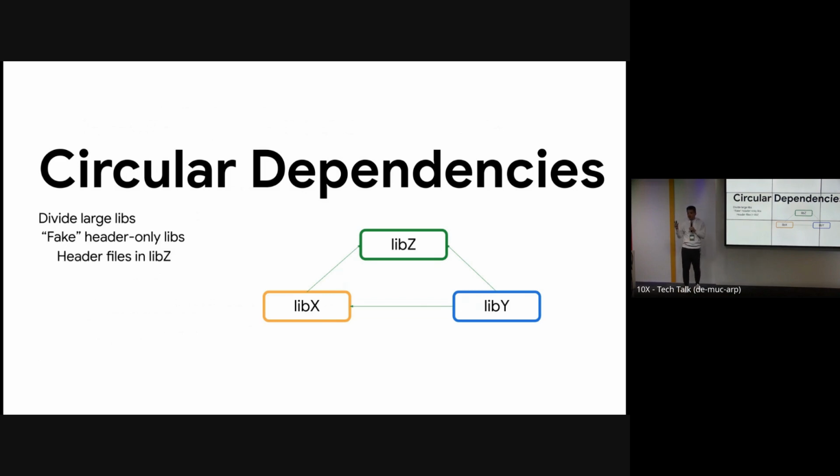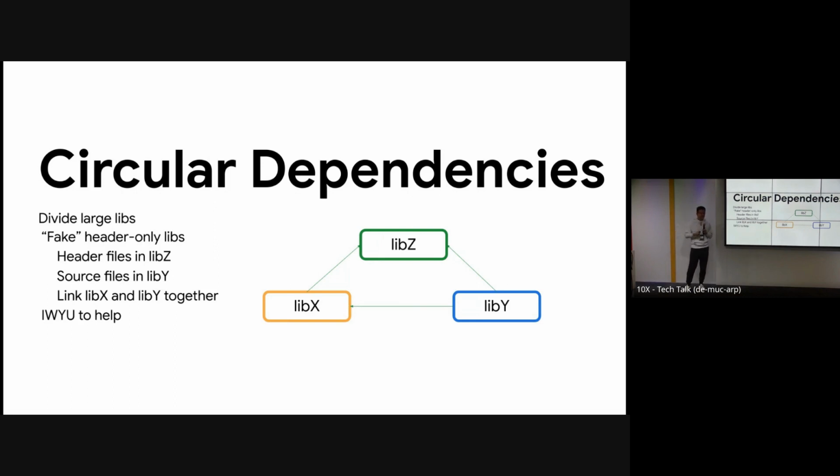We move the header files from library Y, but we keep the source files in library Y. Now, the library X built with library Z cannot be used alone. That's why we call it a fake header-only lib. It has to be linked together with library Y, but that's totally okay for migration. We still recommend you fix this kind of issue after you finish the migration.